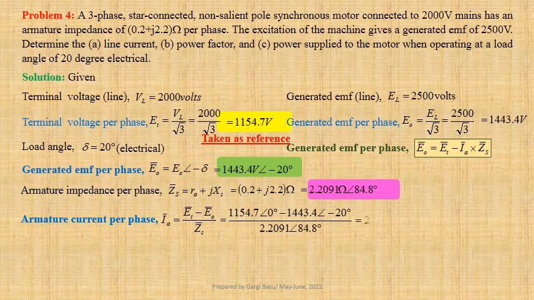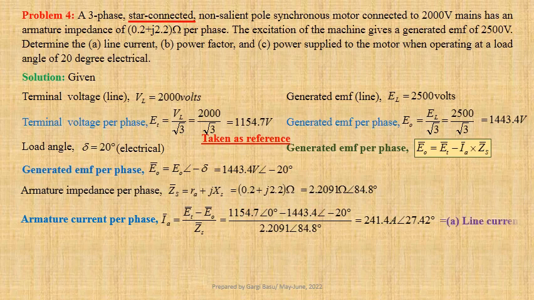That gives us 241.4 ampere at an angle 27.42 degree. Since the armature winding is star connected, armature current per phase IA equals line current.